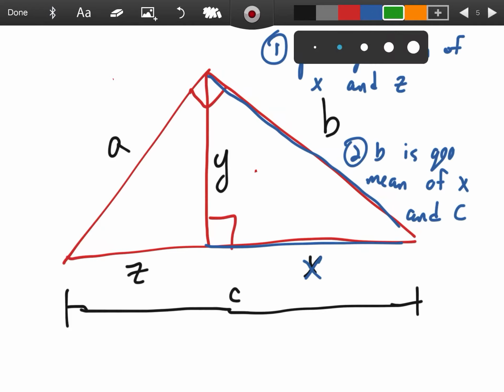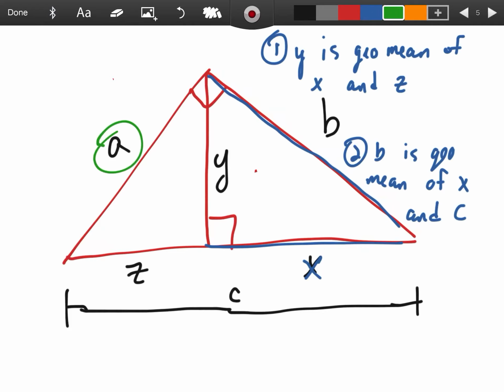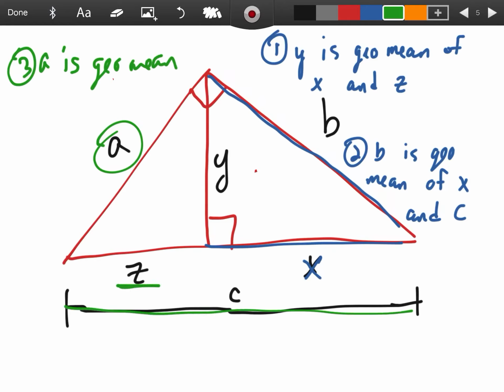And then our last one is over here with A. So our third one is that A is the geometric mean of, again, this portion of the hypotenuse and the whole hypotenuse. So A is the geometric mean of Z and C.